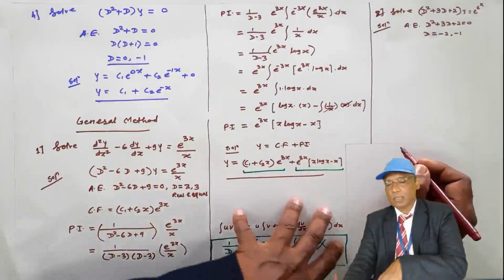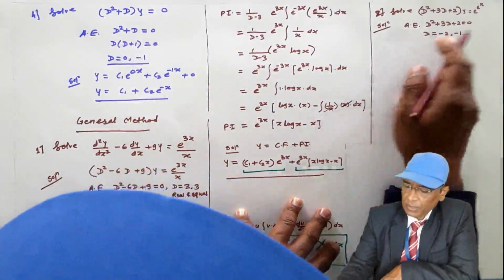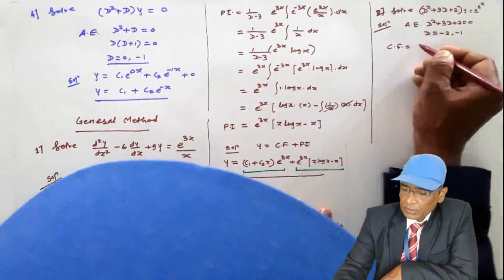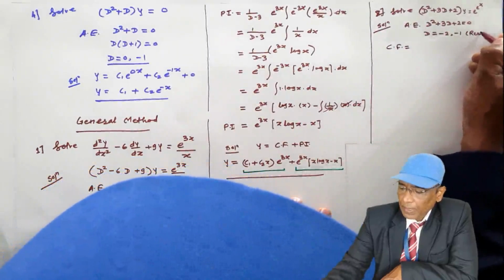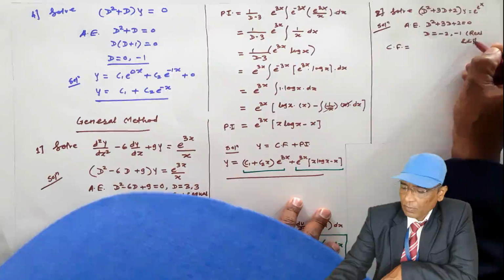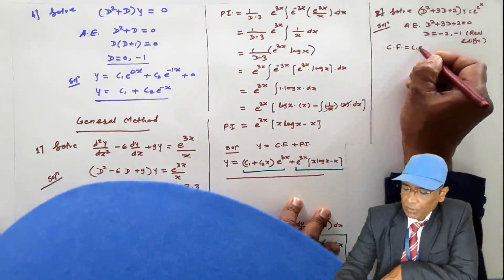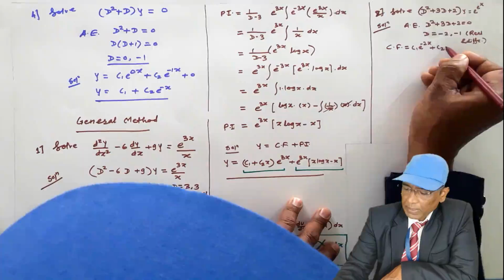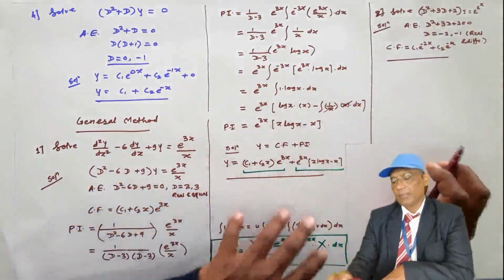Okay, what are the factors? D plus 2 multiplied by D plus 1, therefore these are the values of D. Here the complementary function, these values are real and different. Therefore, C1 e to the power minus 2x plus C2 e to the power minus x. This is the complementary function.